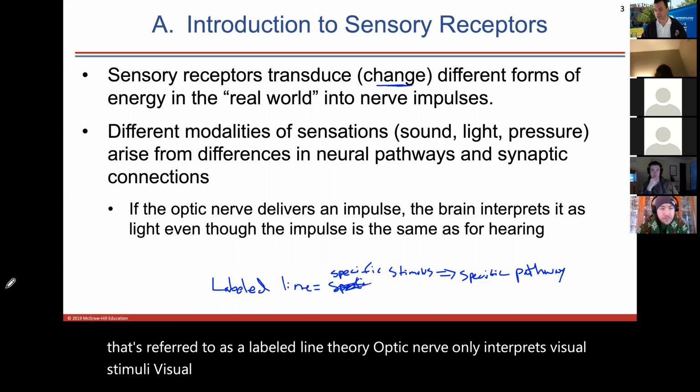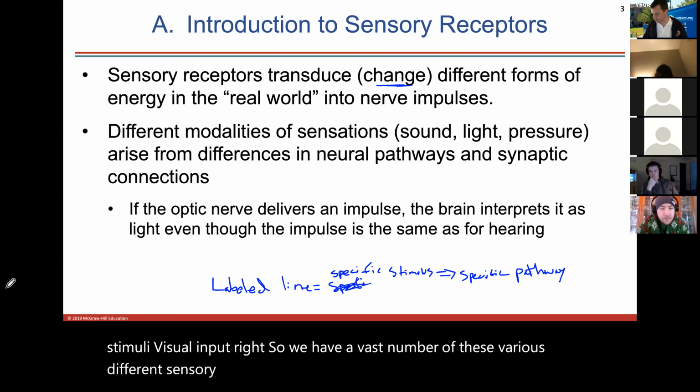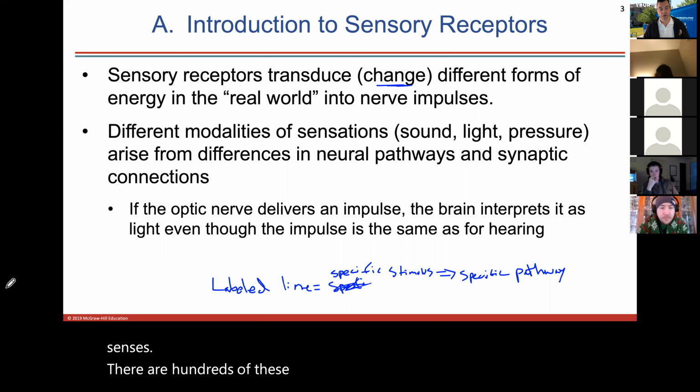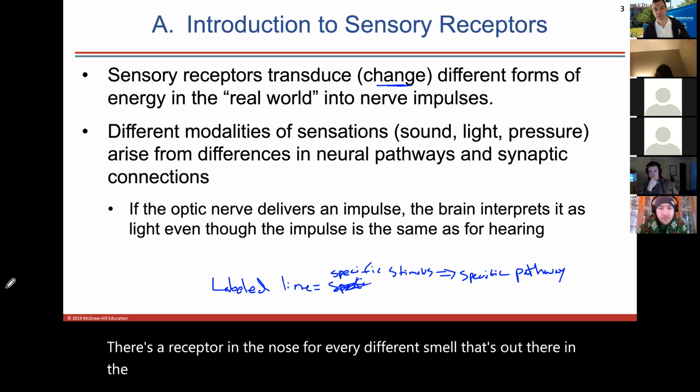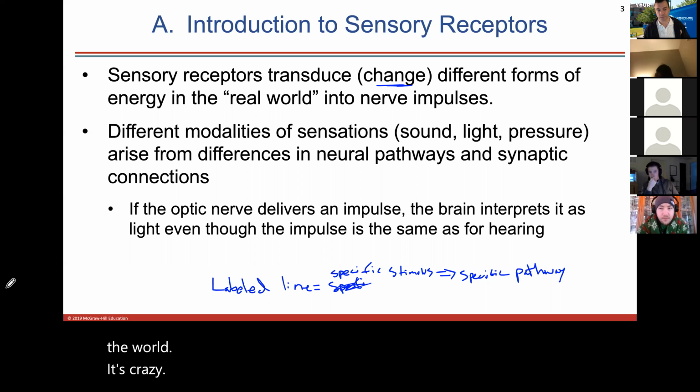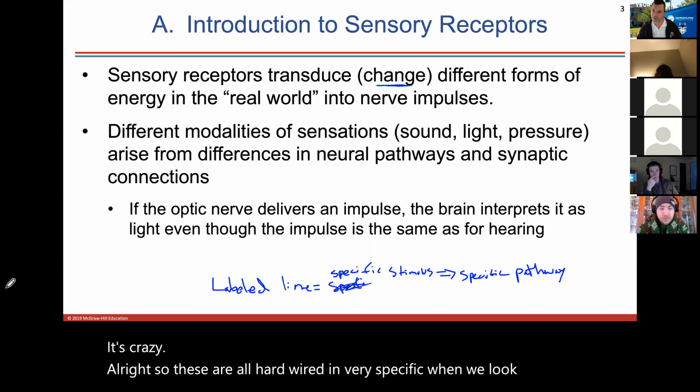So we have a vast number of these different sensory receptors. Even when we get to some of the special senses, there are hundreds of these receptors. There's a receptor in the nose for every different smell that's out there in the world. It's crazy. These are all hardwired and very specific. When we look at taste receptors, it's pretty interesting.